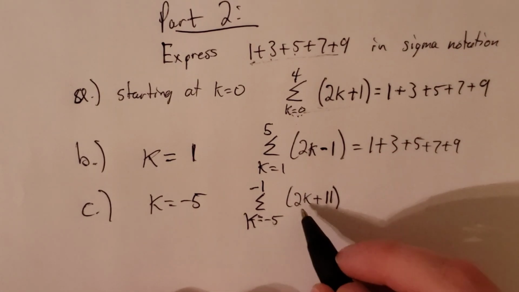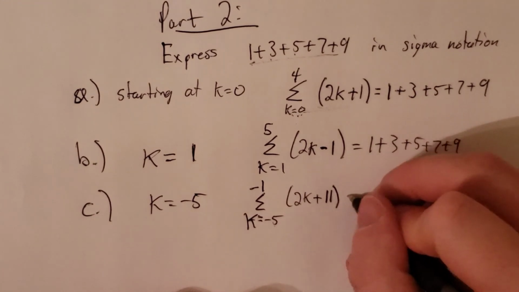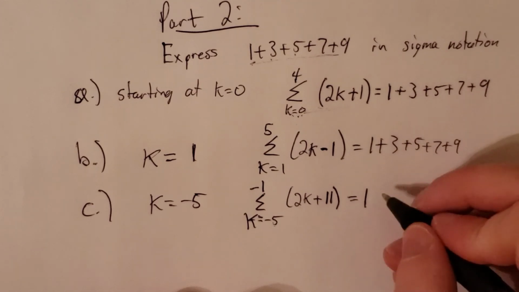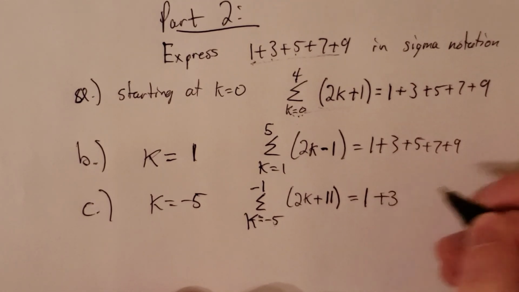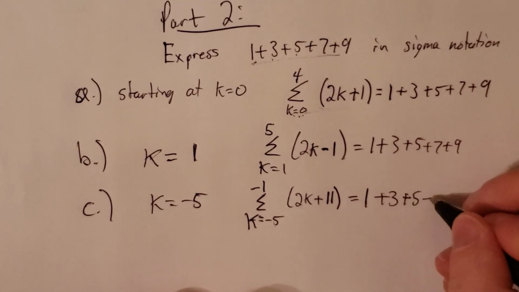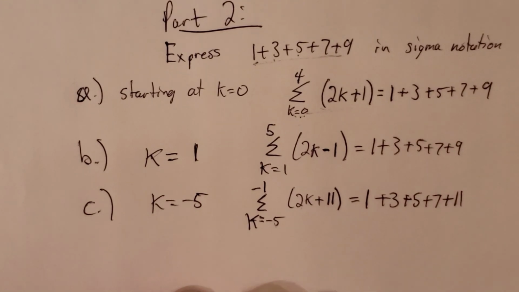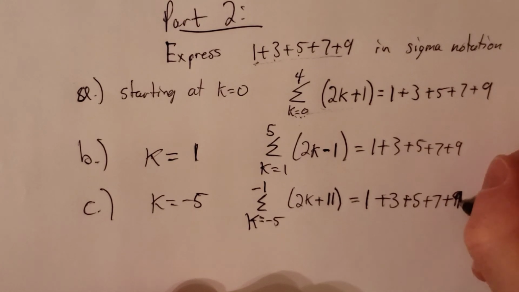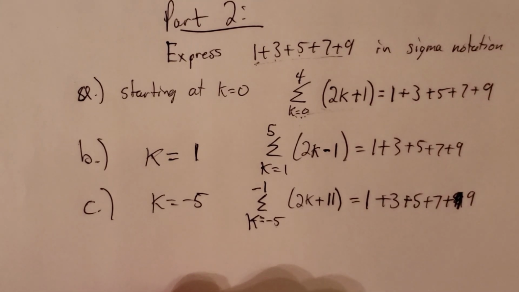We plug in negative 5. 2 times negative 5 is negative 10, plus 11 is 1. 2 times negative 4 is next, so negative 8 plus 11 is 3, and so on. Plus 9 at the end.